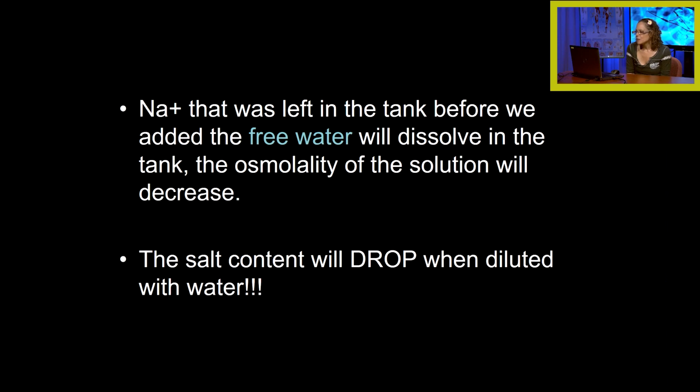The sodium that was left in the tank before we added the free water will dissolve in the tank, okay? So the osmolality of the solution will decrease. The salt content will actually drop when diluted with the water.